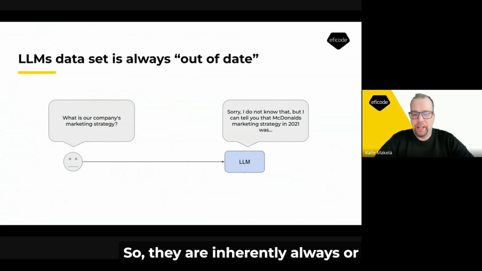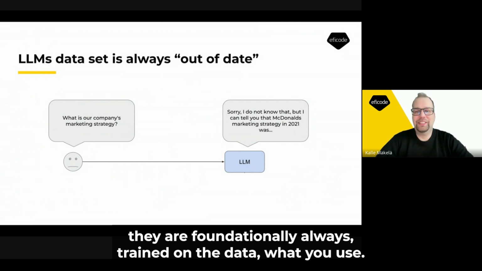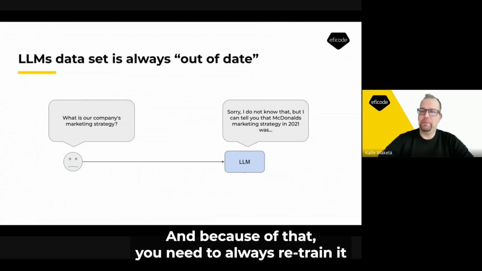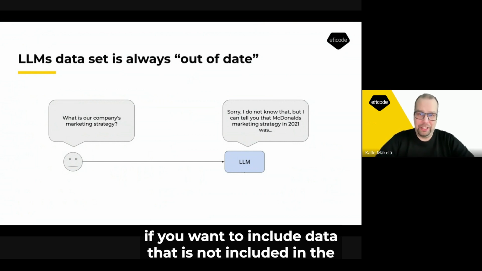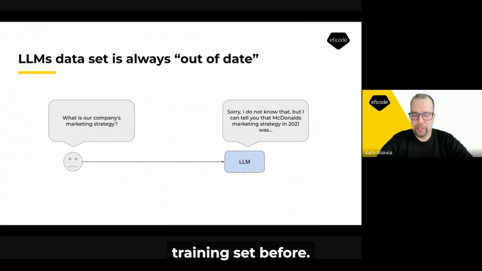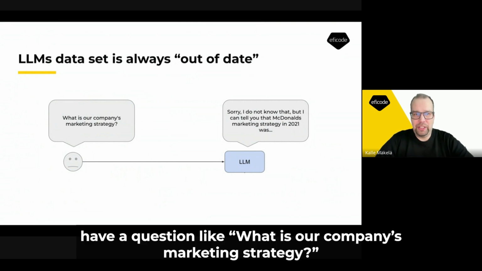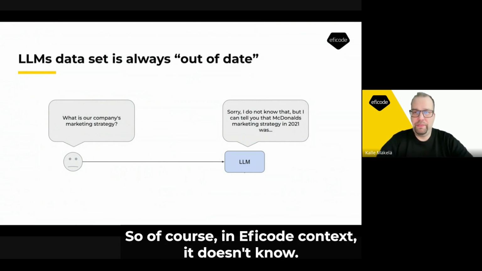They are always trained on the data you use, so you need to retrain them if you want to include data that was not in the training set before. For example, you can ask: what is our company's marketing strategy? Of course, in the Eficode context, it doesn't know.